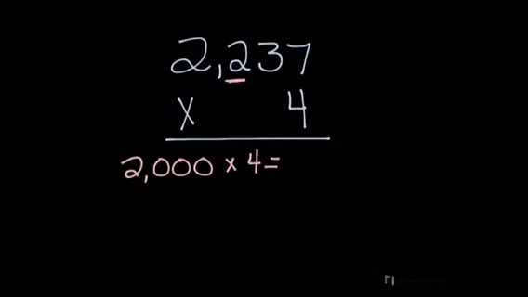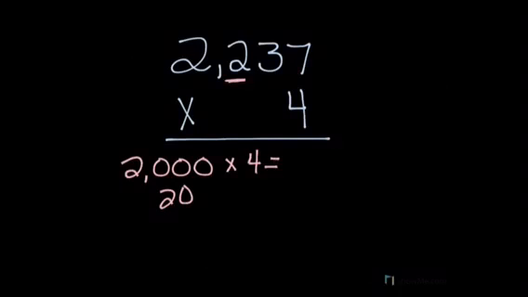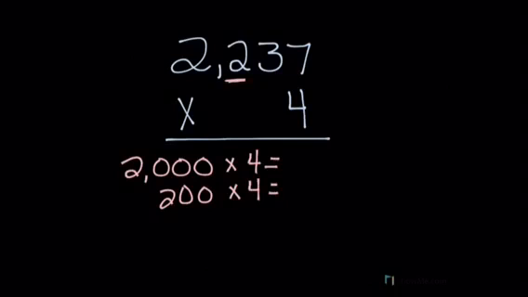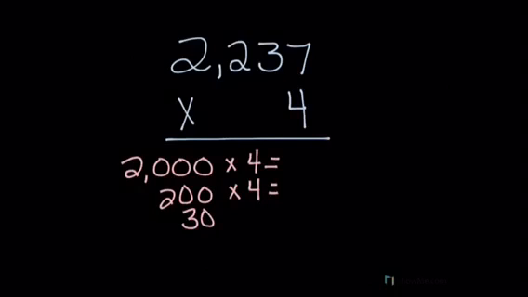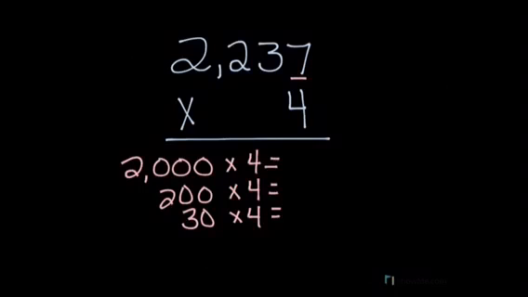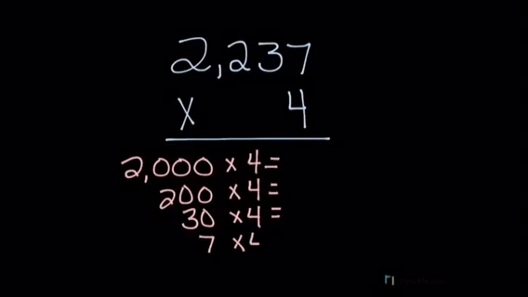Then I have 200 times 4. I have a 3, which is in the tens place, so it's 30 times 4. And then in the ones place, I have a 7. 7 times 4.